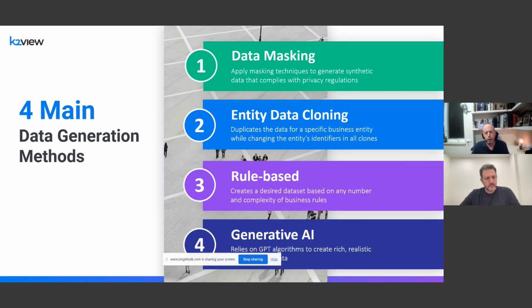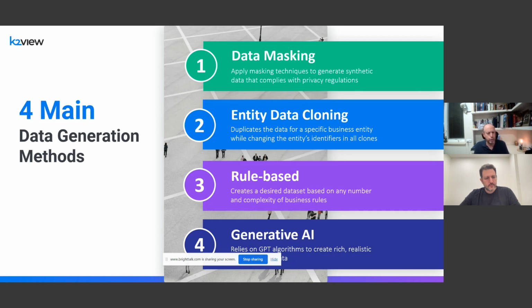We'll also look into the rule-based method, using basically user-defined business rules, which are used to better control the data that you generate and can be ideal for complex calculated fields and complex business logic where AI methods may not be adequate.